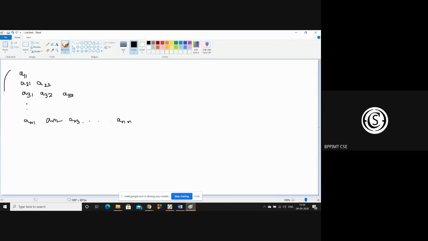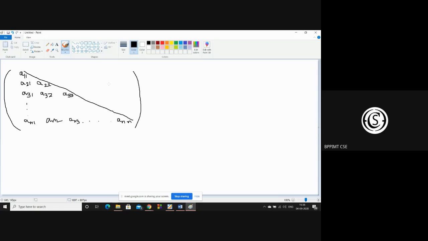So this is the lower triangular matrix. This is our principal diagonal, and all the elements above the principal diagonal are set to 0. Clear?